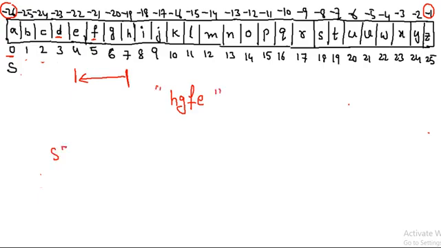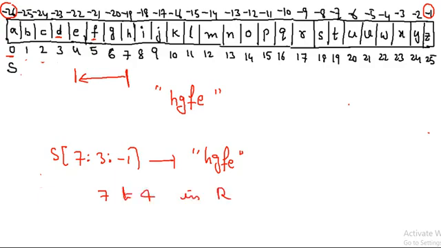The output is H, G, F, E in the reverse direction. From H to E you are going in the reverse direction. That means there is a possibility to travel from index 7 to index 4 in reverse direction.